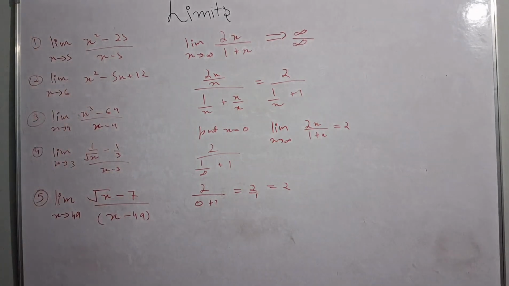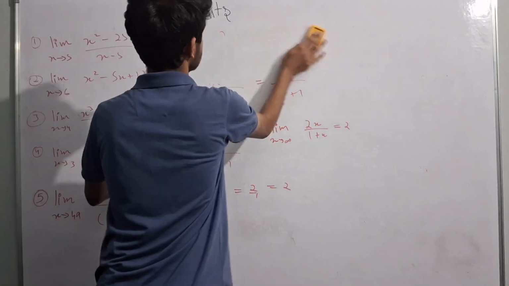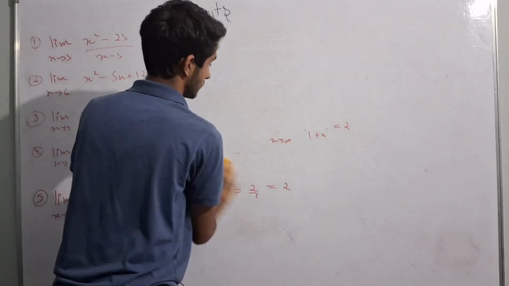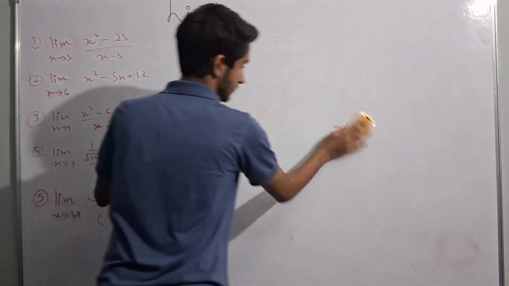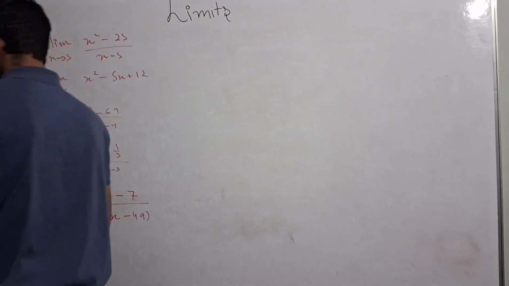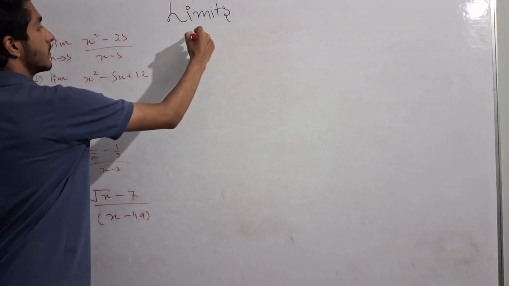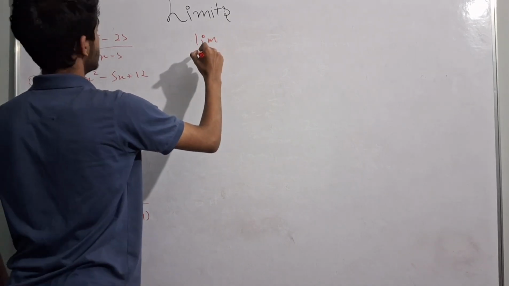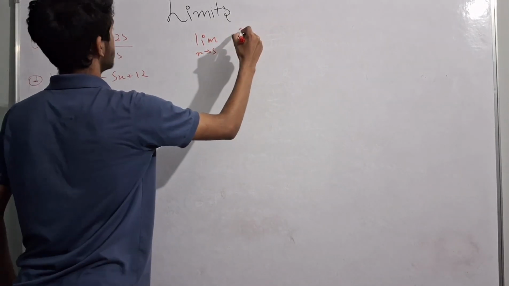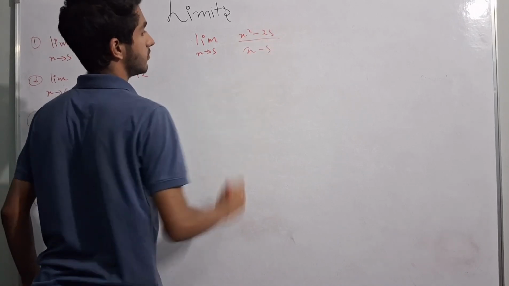So now we'll be solving these questions. First we'll do this one: limit x tends to 5, (x square minus 25) upon (x minus 5).